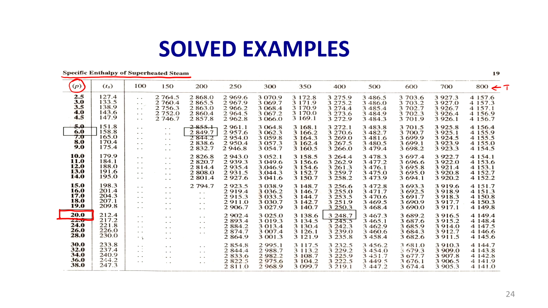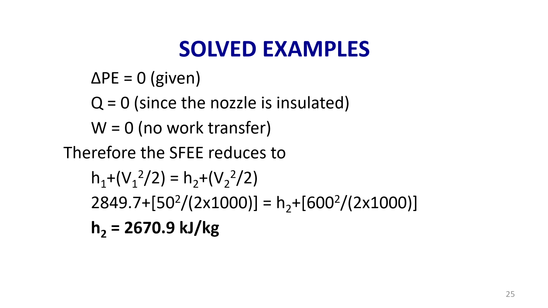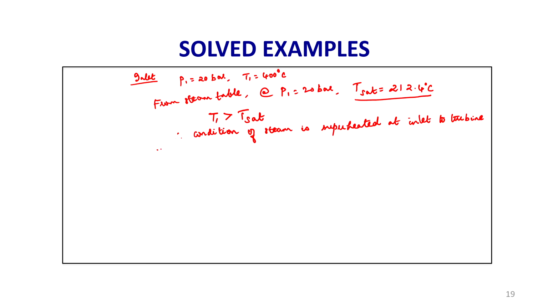So, corresponding to 20 and 400, you have to take the value 3248.7. So, this is the enthalpy value at H1, 3248.7 kilojoule per kg. How I got this value?